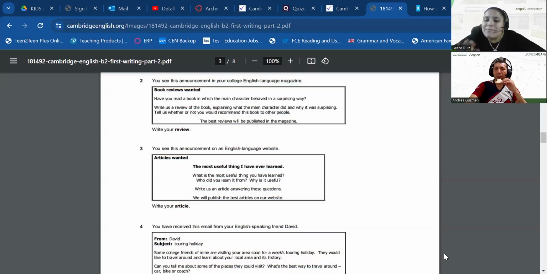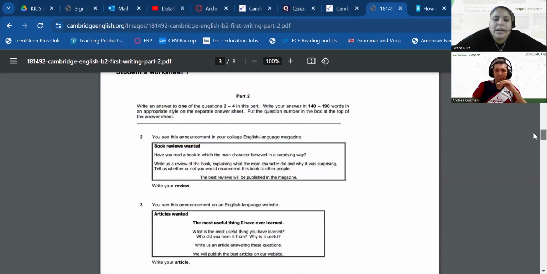So that might appear in that kind of exam, but definitely it's not something that's going to appear in B2 First, because B2 First is more for adult learners, more independent students. So those are going to be given these types of options for the second part of writing. And here I can show you.